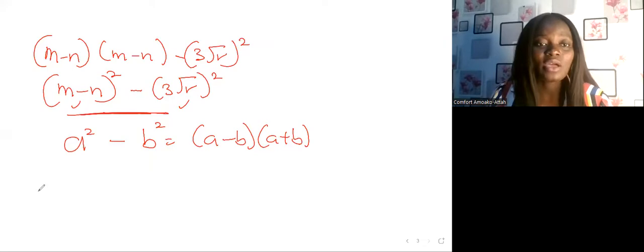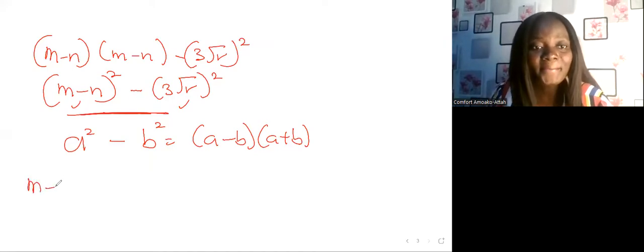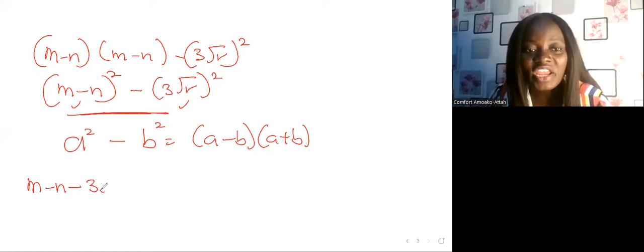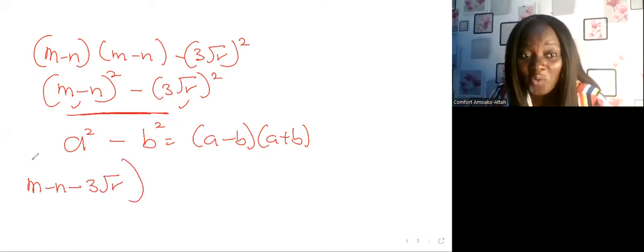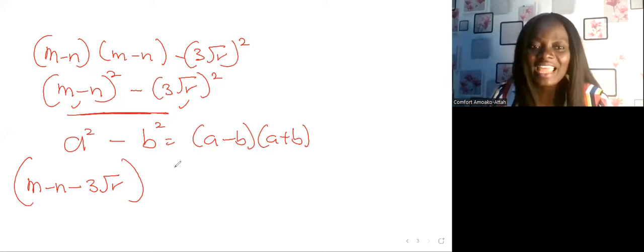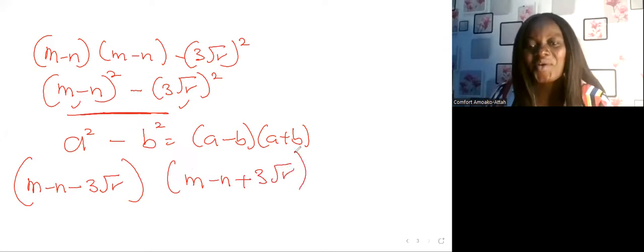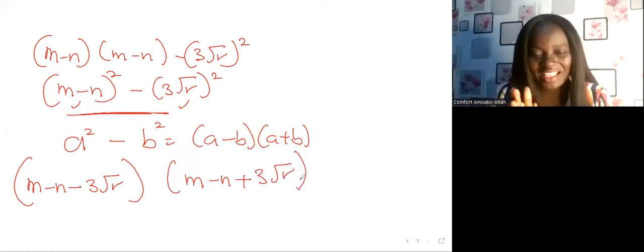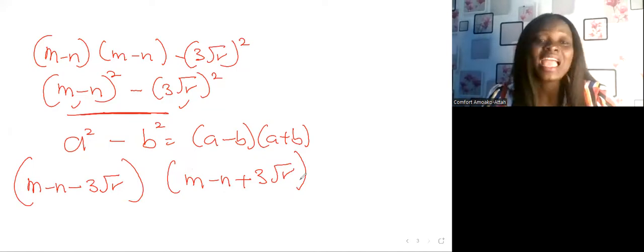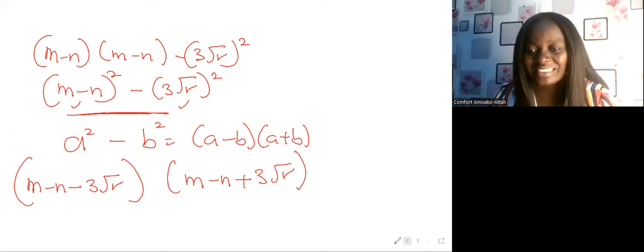In likewise manner, we are going to have m minus n minus 3 root r in one bracket, then m minus n plus 3 root r in another bracket. Factorize completely. And that is what we have done.